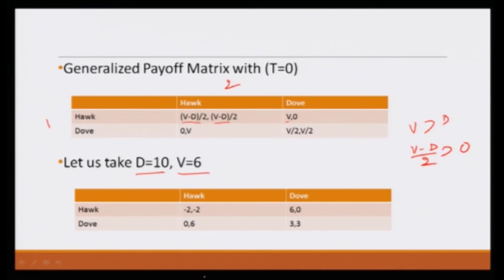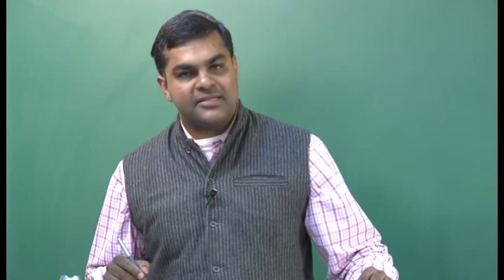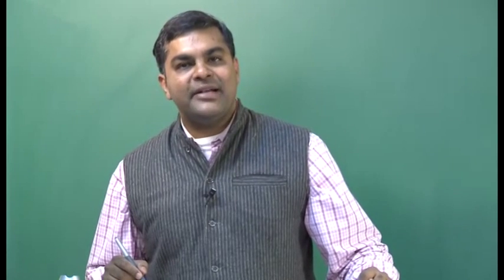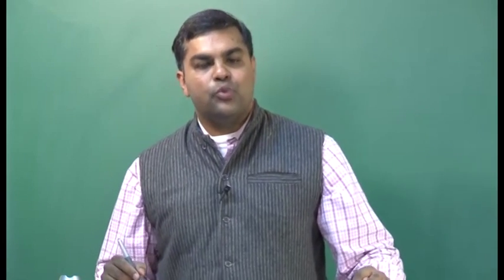And if you look at the structure, it is the same as the prisoner's dilemma game. In prisoner's dilemma also, two players, two strategies, they both have dominant strategies, and the dominant strategy equilibrium gives the Nash equilibrium, in which both players do worse off than one of the options available.